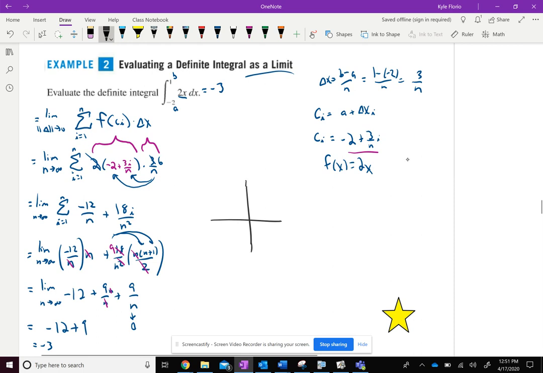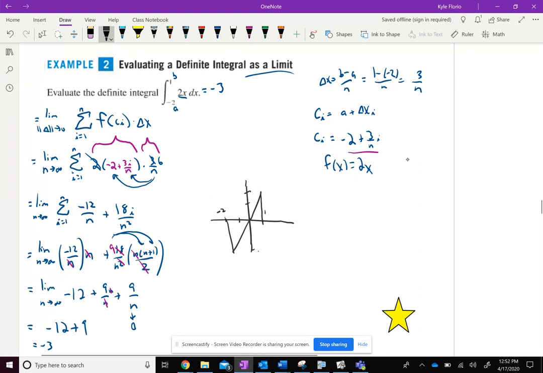I don't know yet. But one thing I want to mention before we go on is I said this is area under a curve. The function 2x looks something like this. Let's see, from 1, we're going all the way to negative 2. So from negative 2 to 1, here's the function.